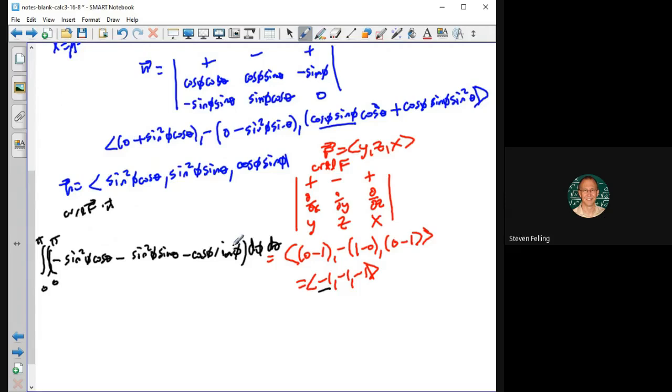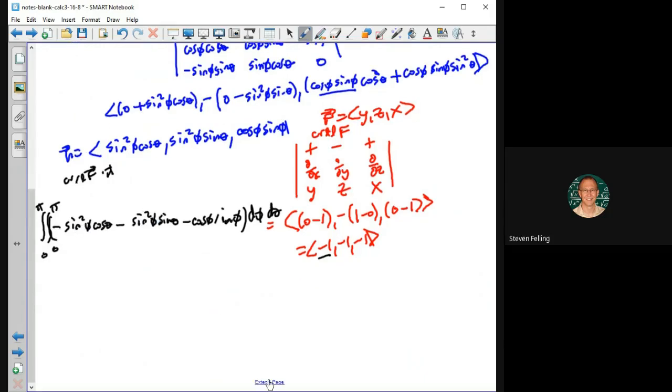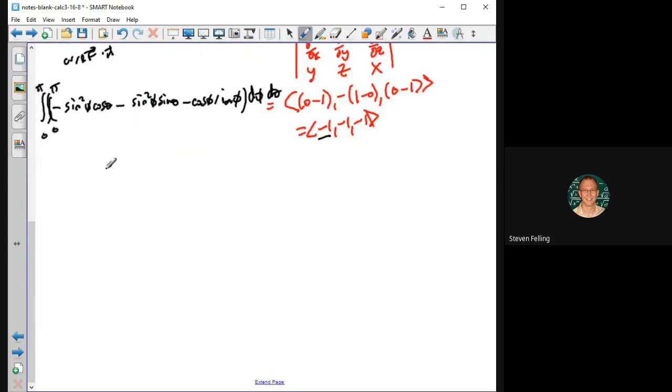And actually, we said we were going to actually integrate this. So let's simplify this a little bit here. Since there's a sine squared here and here, I could factor out, get a little bit more room. We could factor out, we got 0 pi, 0 pi.